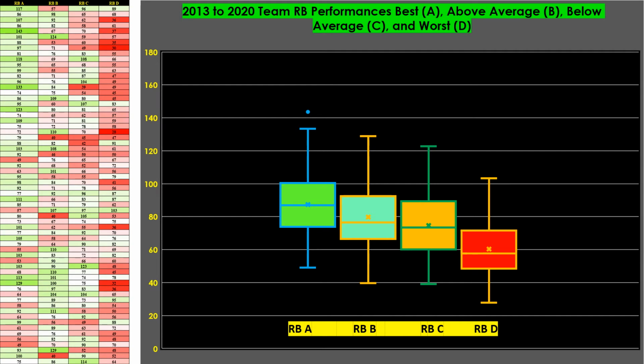Running backs, what do we got here? Here's the difference. There was some difference. If you look a little bit, it is clear that the worst teams maybe have the worst running backs. And we'll have the stats here in just a second, and we'll know for sure. I don't know if it's that much different between the other teams, so we'll see.